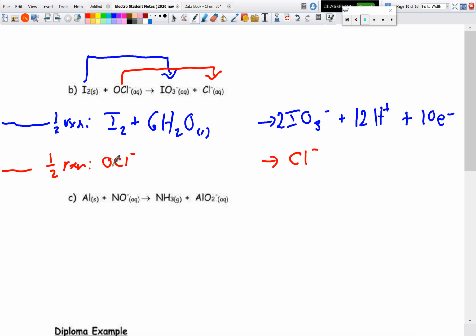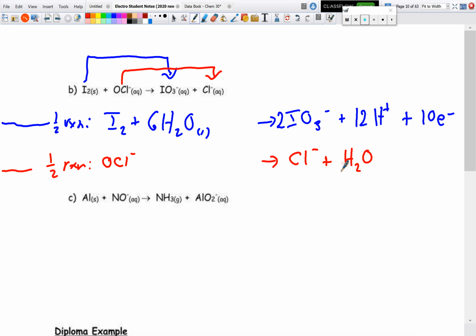Alright, so the second one, we're going to do the same steps. We balance everything that isn't oxygen and hydrogen first. That's our chlorines. We have 1 chlorine atom here and 1 chlorine atom here, so we're good with chlorines. Next, we need to balance our oxygens by adding water. We have 1 oxygen on my reactant side, so I need to get 1 water molecule on my product side to balance out the oxygens.